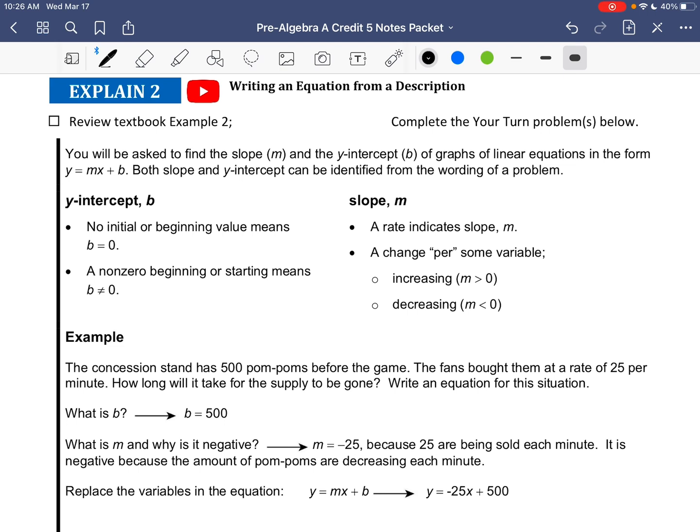If no initial value is indicated, then we will automatically assume that b would equal 0. As far as the slope, if they give us a rate, that is going to be the slope. So if you ever see the word rate, or the word change, or per, that's going to tell us that's the slope.